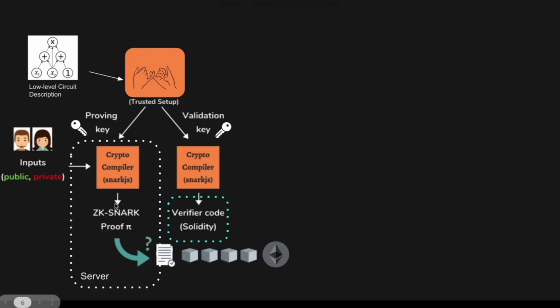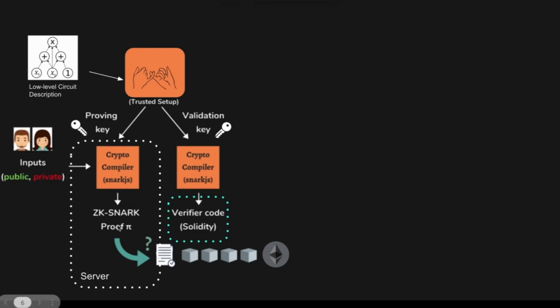And then snark.js will create a proof. A note about this is that proof generation is very computationally expensive, and it usually requires a centralized server, and it takes up a lot of memory and stuff like that.